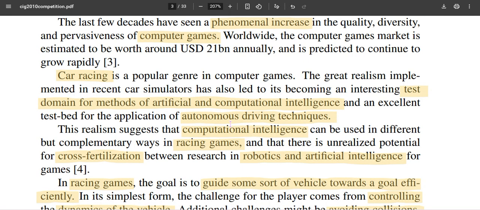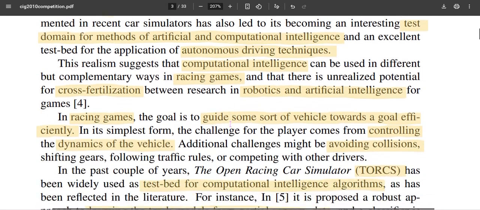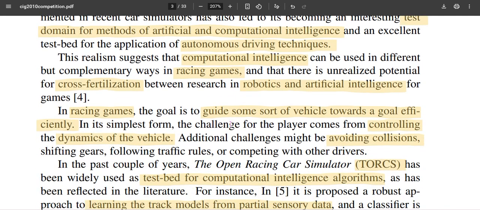For example, the goal in a racing game is to guide some sort of vehicle towards a goal efficiently, controlling the dynamics of the vehicle, as well as to avoid collisions and respect the traffic behaviors, and also to compete with the other drivers to win the race.